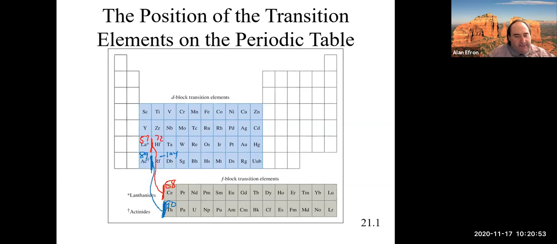So these are sometimes referred to as the inner transition metals, because they do go right there in those two spots. You don't usually see it because if people put them in the right spots, the periodic table gets super wide and it's hard to fit on the cover of a book. So they technically do go there.